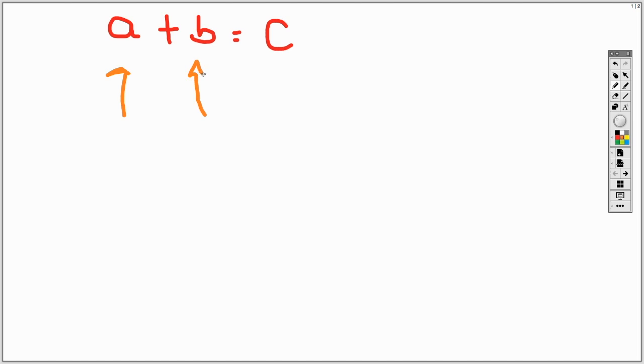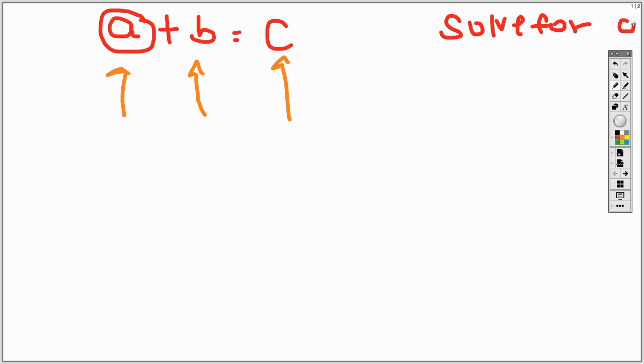Then B could equal the amount of red candies, and C could equal the total amount of candies. So this is just how it works with literal equations. But if we want to solve for the amount of blue candies only, then we would solve for A.